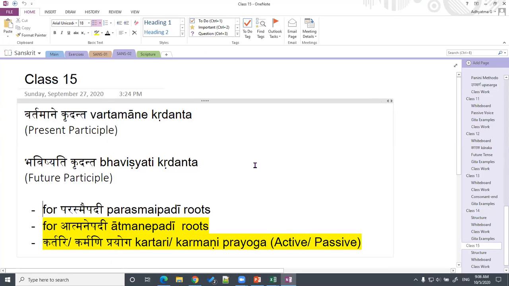Today we will study the present participle for Atmanepadi roots. And we will see both active and passive voice, so Kartari and Karmani Prayoga. In Parasmaipadi roots, there is no Karmani Prayoga, there is no passive voice.